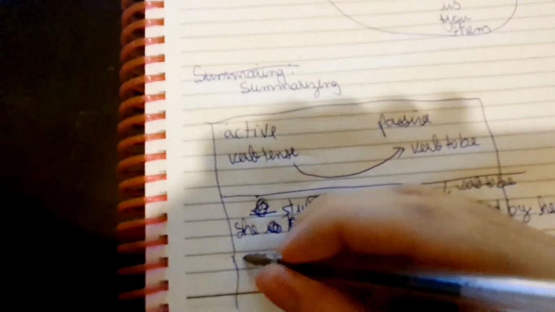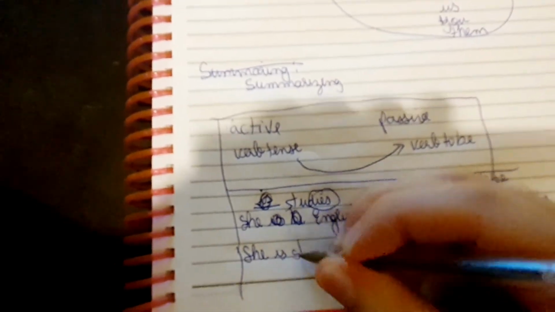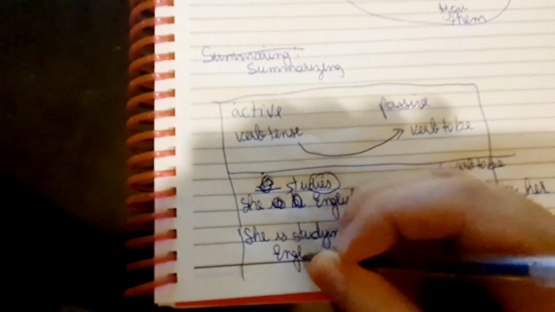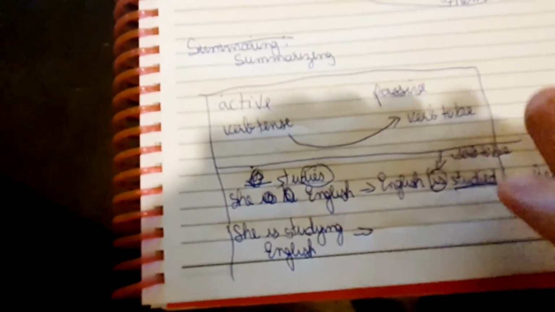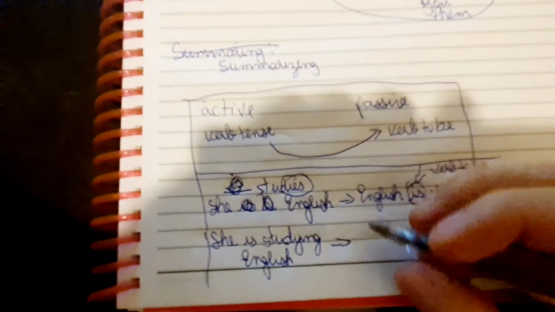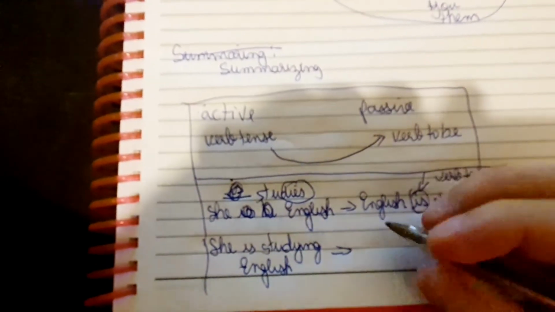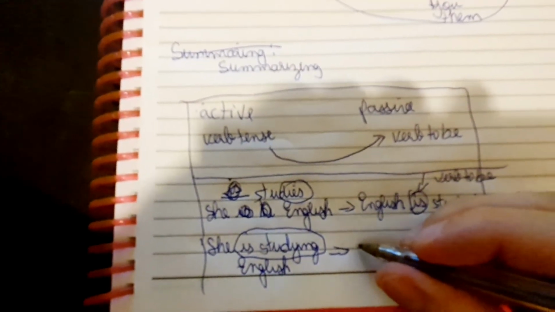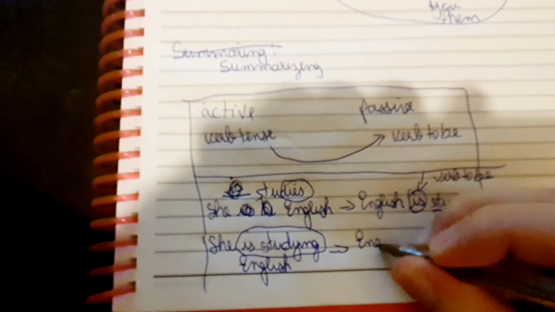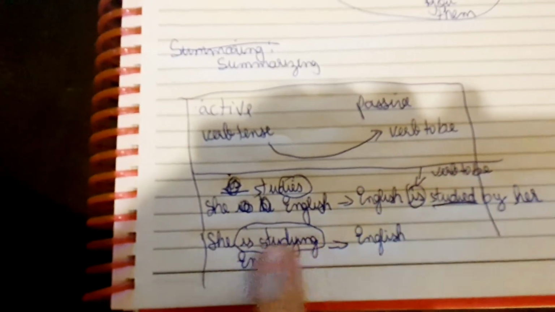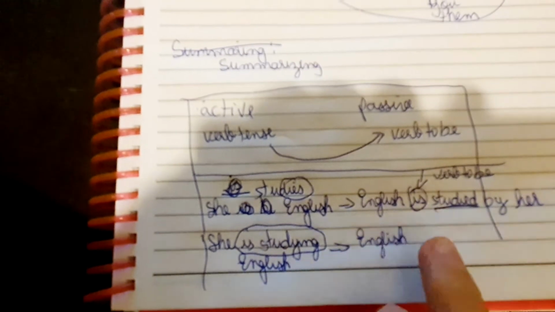For example, if I say, she is studying English. Just to end this video, right? I guess it's the longest video I have ever recorded. She is studying English. The verb tense, present continuous. Now I turn into the passive voice, English. So the verb tense, present continuous, is carried over to the verb to be.